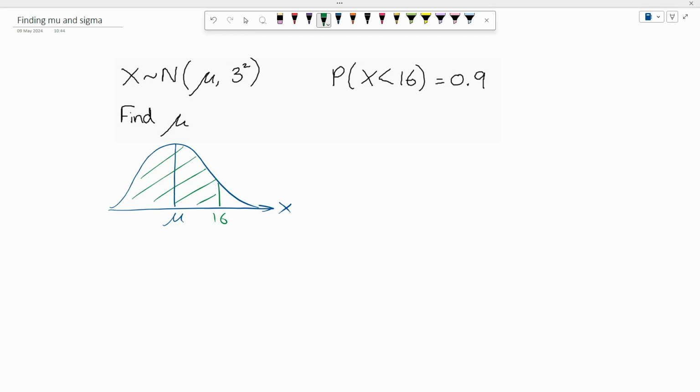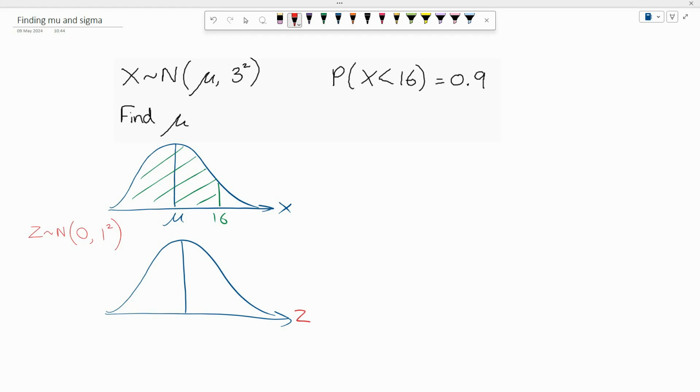Now, as soon as you're in this situation, what you need to do is draw another one as identical as you can. It's my best attempt. But this time, we're going to use something called the standard normal. So the standard normal has slightly different parameters, and they're always the same. The mean will always be 0, and the standard deviation will be 1.